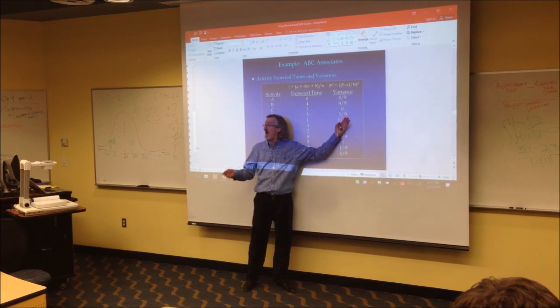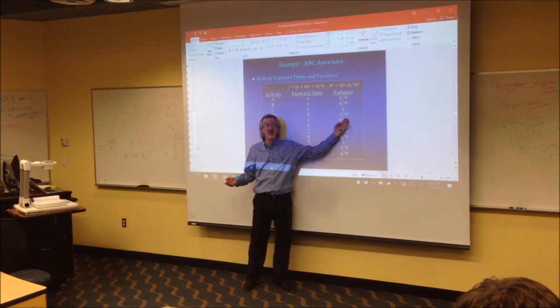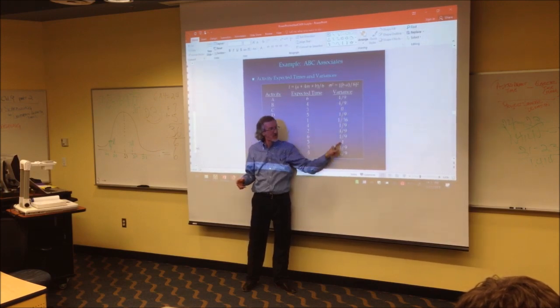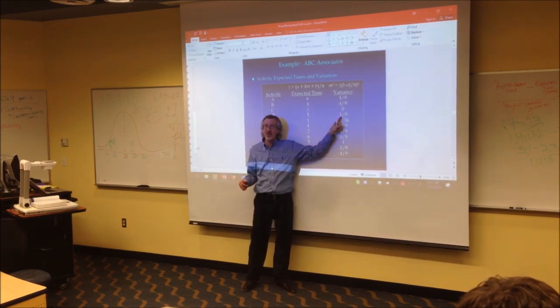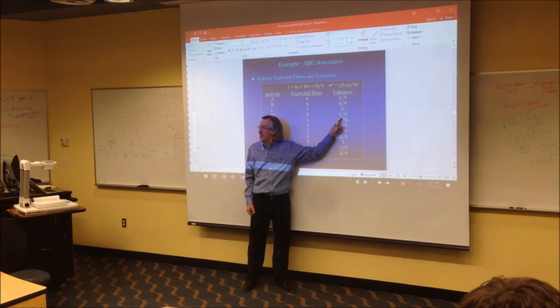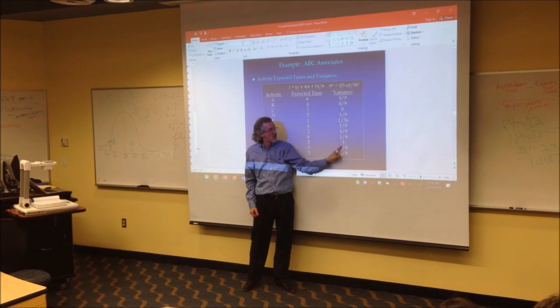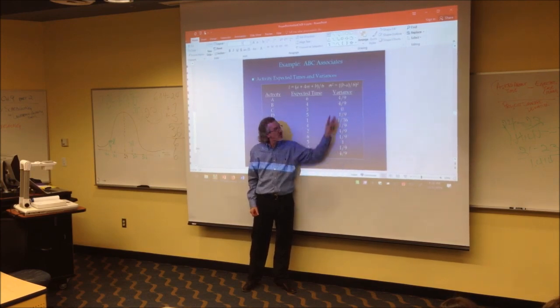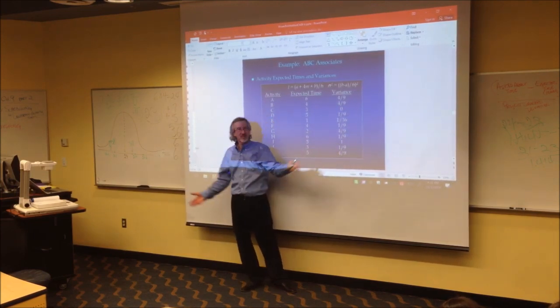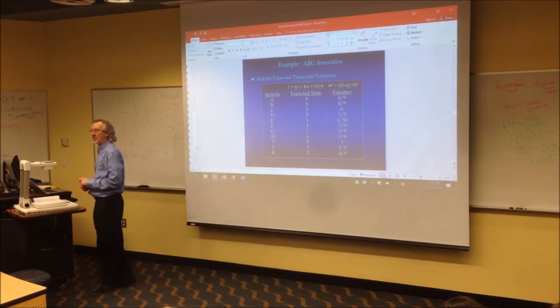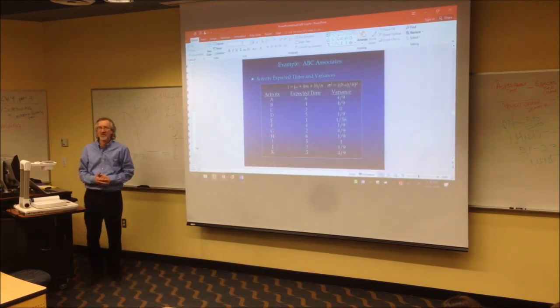And if it says, find the project standard deviation, everybody hear this? You have to realize only grab the numbers you need that are on the critical path, then add them together. Don't use all these, only the ones on the critical path. Then you have the project variance. Square rooted, now you have the project standard deviation.